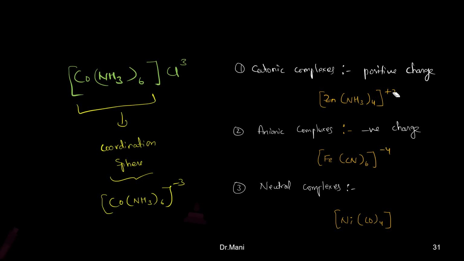Okay, whereas here there's a +2 charge. That means the net charge is not balanced and it is maintaining +2. That has to be balanced by some extra electronegative atom outside, like chlorine, all those. Is that clear? What is the meaning of coordination sphere? Any doubts? Yes, sir. Yes, sir.